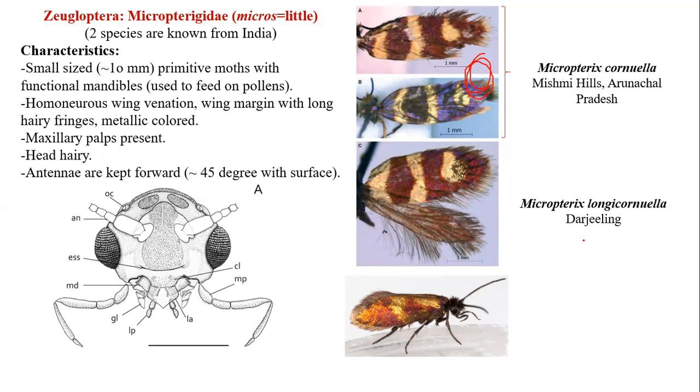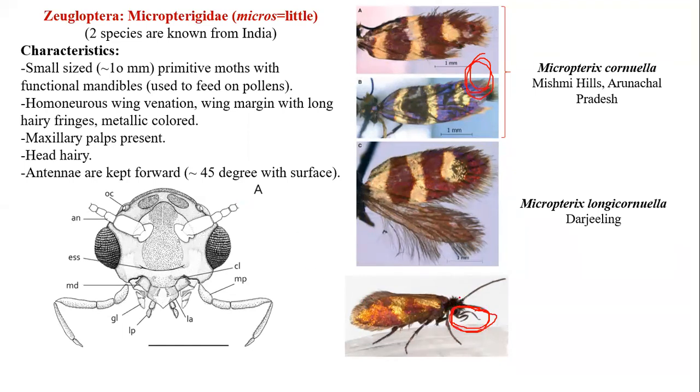This family is characterized by their functional mandibles, which are used to feed on pollen, and by their wing venation and their maxillary palps. You are seeing here that their maxillary palps look almost identical to those of Trichopterans, but they can be sorted out from Trichopterans by seeing the scales on the forewing.